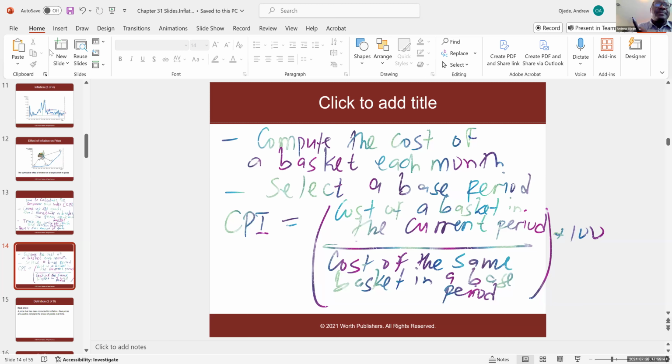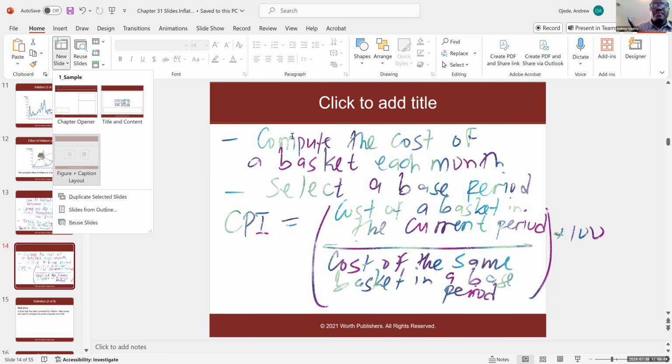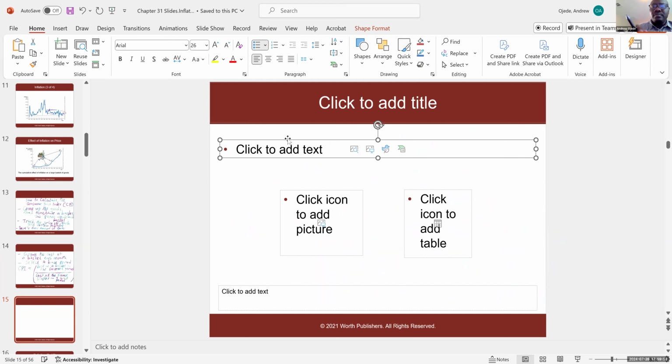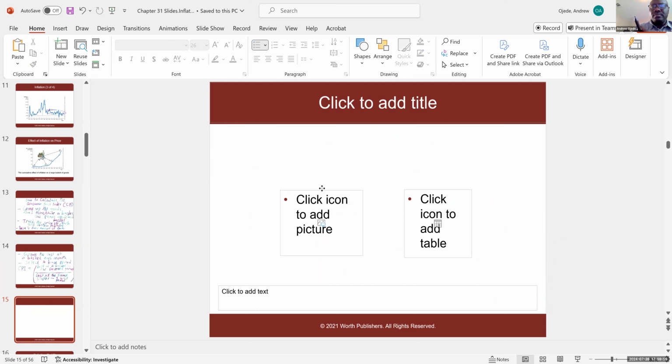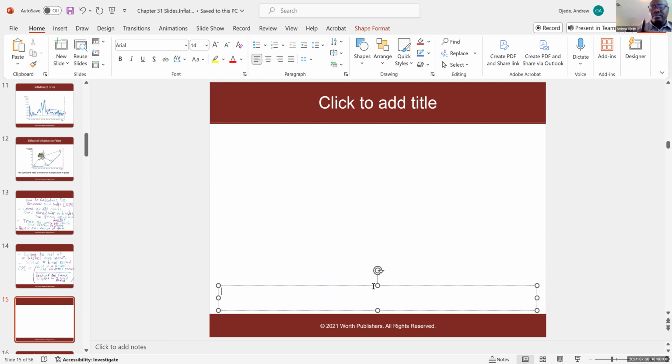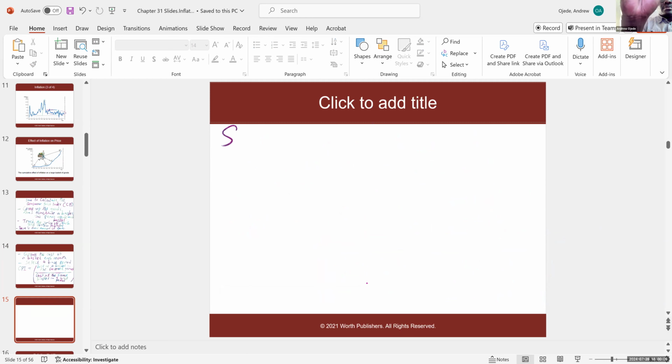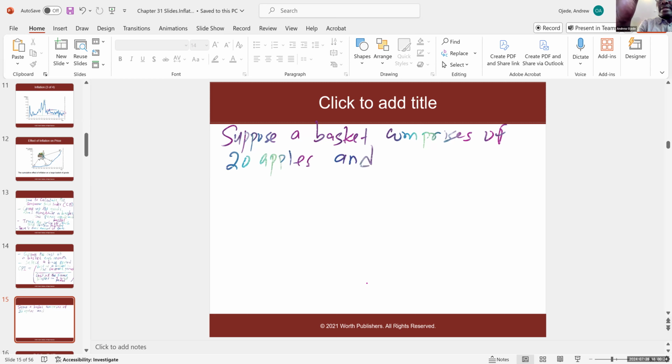Okay, so suppose a basket comprises 20 apples, and this is just hypothetical, and 10 oranges.